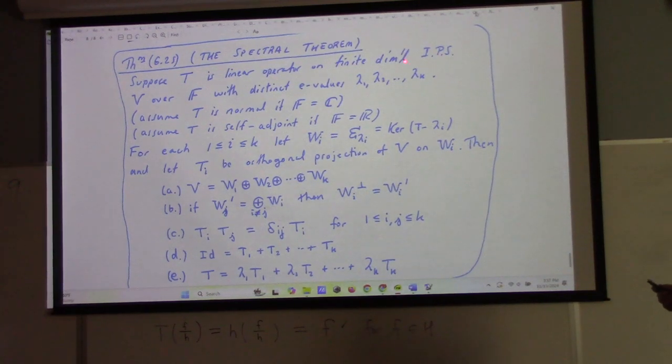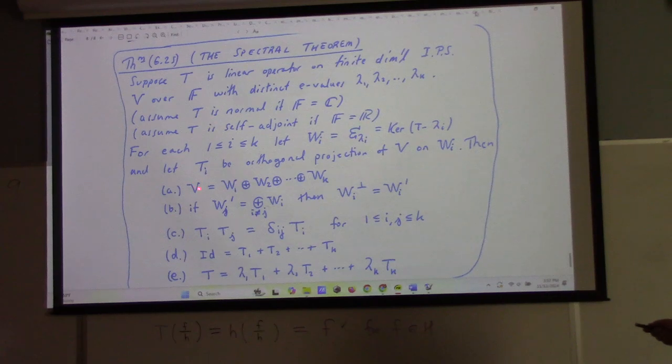If we have a linear operator on a finite dimensional inner product space, and you've got distinct eigenvalues 1 through k, we're going to assume T is normal if we're over the complexes. We're going to assume T is self-adjoint if we're over the reals, right? And W_i is the ith eigenspace. T_i is the orthogonal projection of V onto W_i.